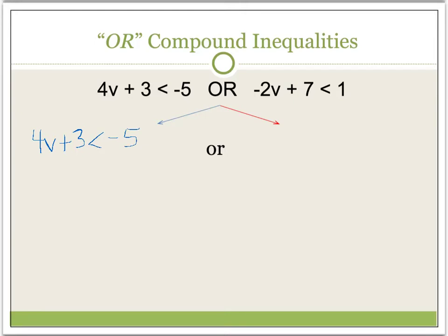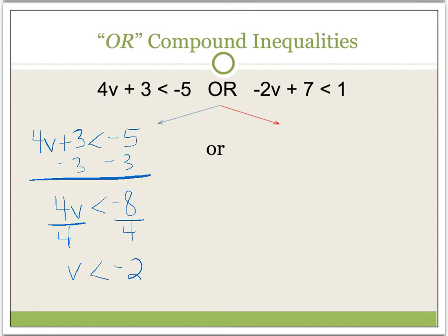We use inverse operations and subtract 3 from both sides. We get 4v is less than negative 8. We divide by 4, and we get v is less than negative 2. Notice that the inequality did not flip because we did not divide by a negative number.